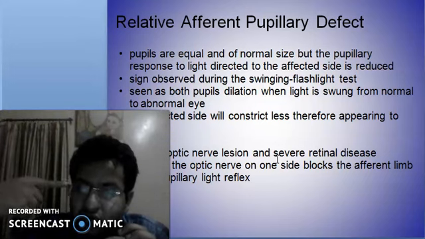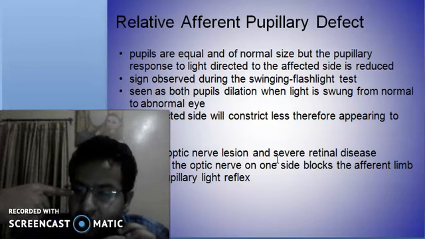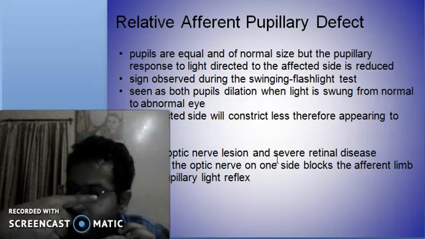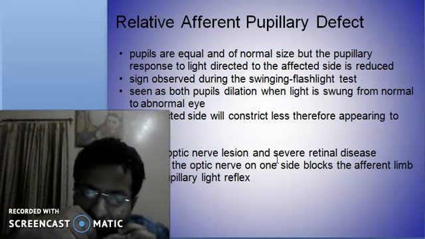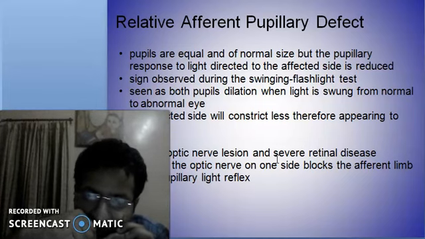This sign is observed by using the swinging flashlight reflex. The torch is shown to one eye, then it is swung to the other eye, then it is returned again. It is seen as both pupils dilating when the light is swung from the normal to the abnormal eye, and the affected side will constrict less, therefore appearing to dilate.